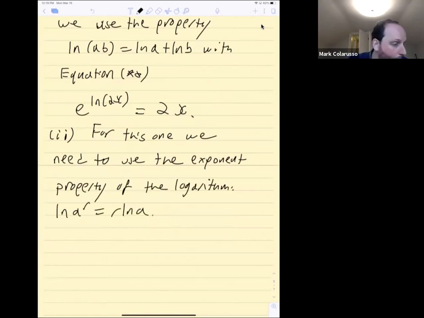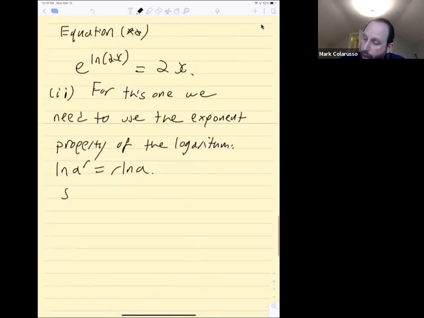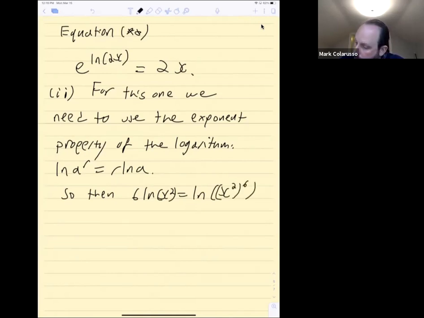We need to use that property in reverse. So then 6 ln x squared, right, is equal to ln of x squared to the 6th power, which is ln x to the 12.